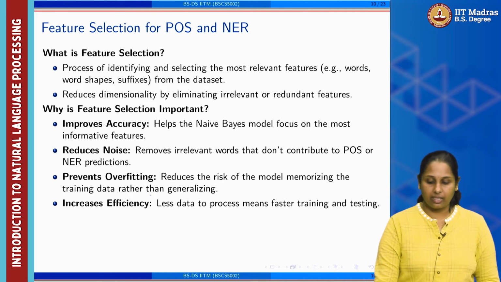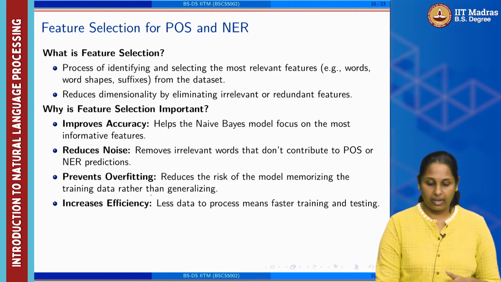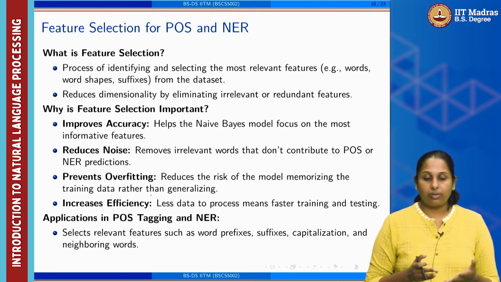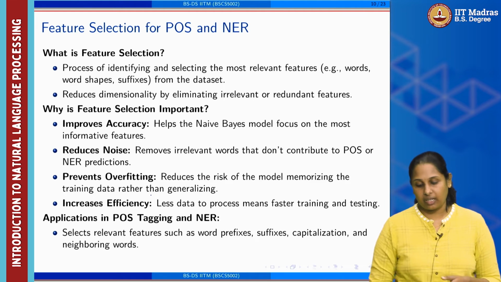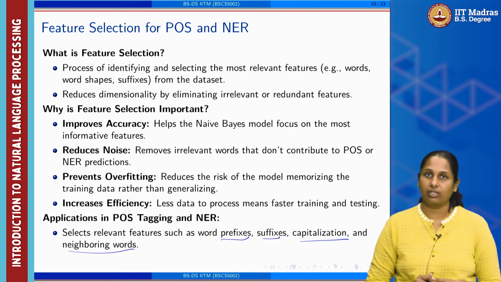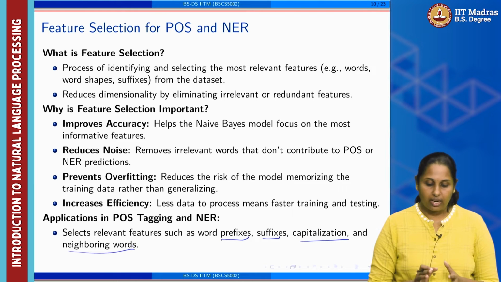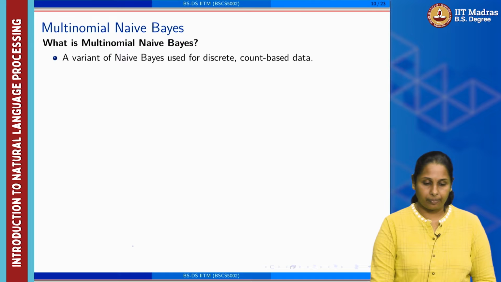It also increases efficiency, so that faster training as well as testing will happen. And of course, in the context of POS tagging and NER, the relevant features are the prefix of a word, the suffix of a word, capitalization, and neighboring words. These are the 4 important features used when we are doing POS tagging and NER.